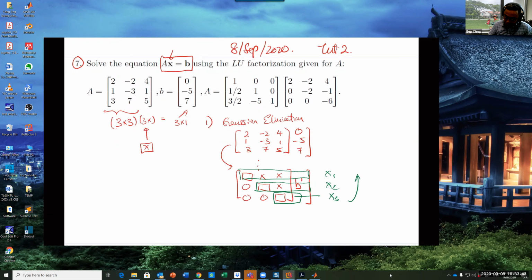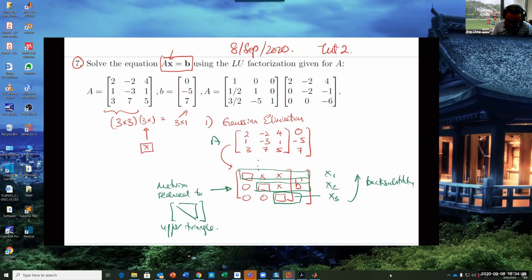So this is called back substitution. We could do back substitution because the matrix A has been reduced to, in this case, an upper triangle.